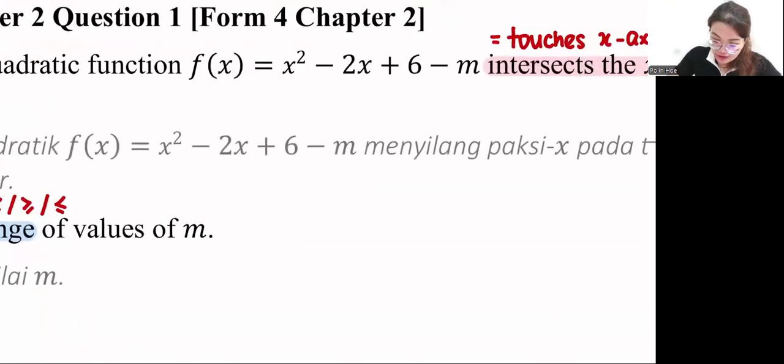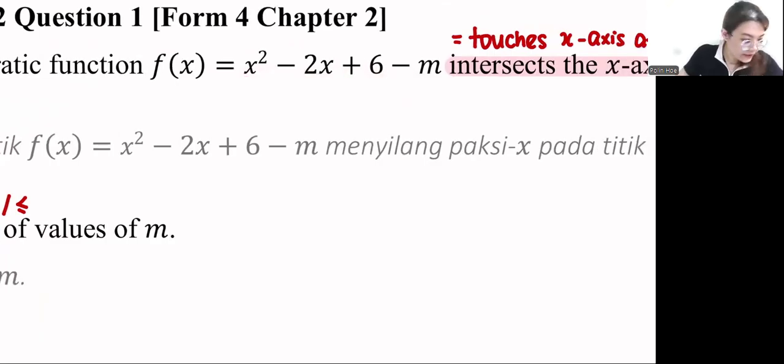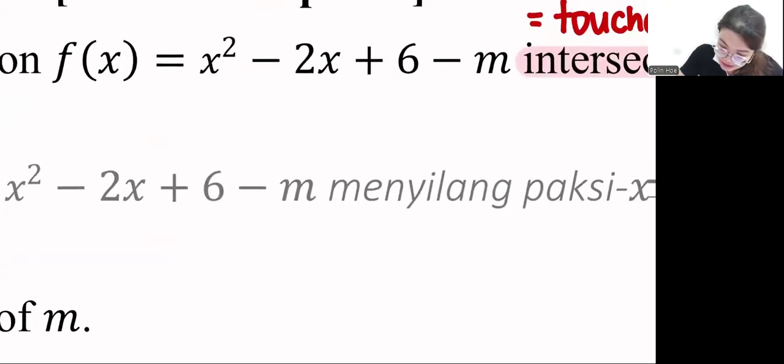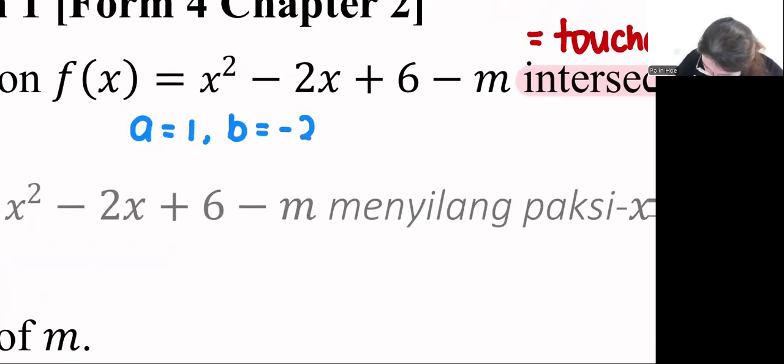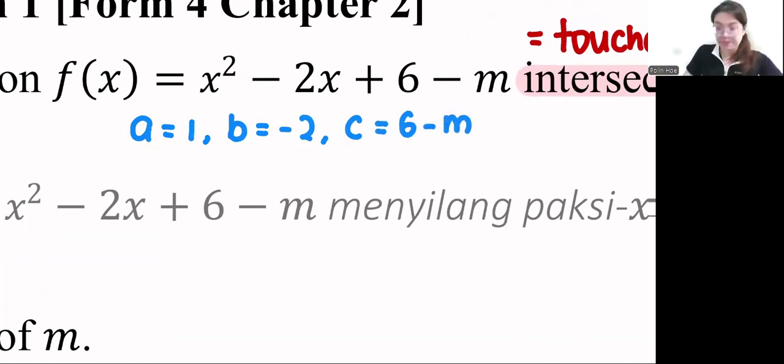So from part A, f(x) equals x squared minus 2x plus 6 minus m. For students who cannot understand, can you please help yourself? Only you can help yourself. a is equals to 1, b is equals to negative 2, c is equals to 6 minus m.